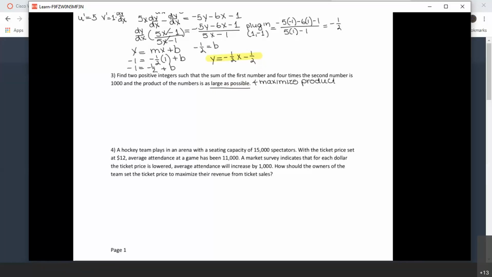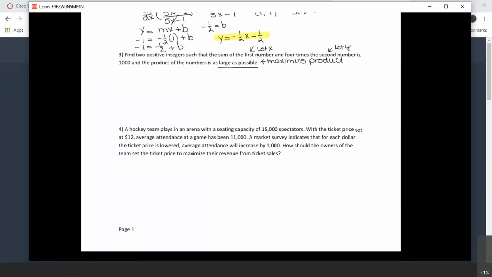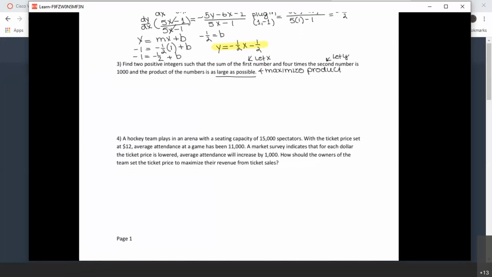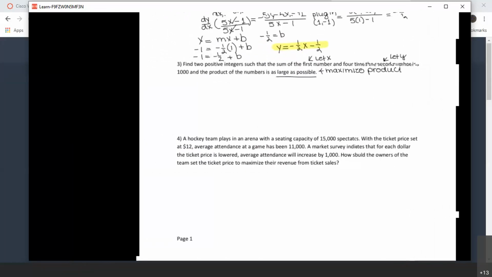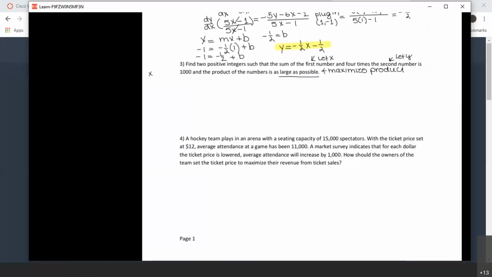The product is something that I want to maximize, but I have a constraint. The constraint is this business up here. So I'm going to say let x be the first number and let y be the second number. And then my constraint says I'm going to add the first number and 4 times the second number, and that has to equal 1,000.